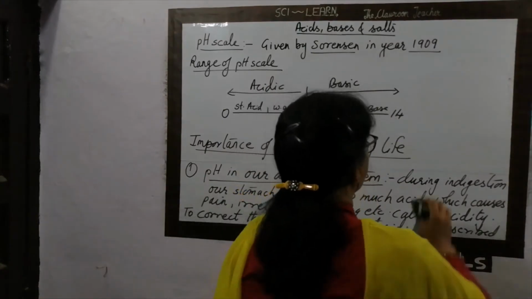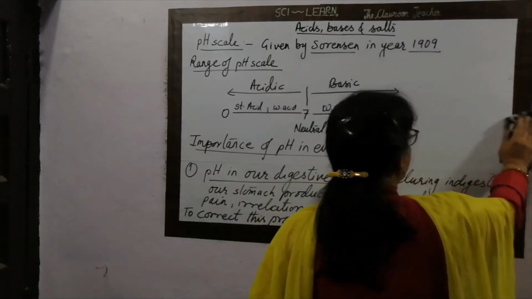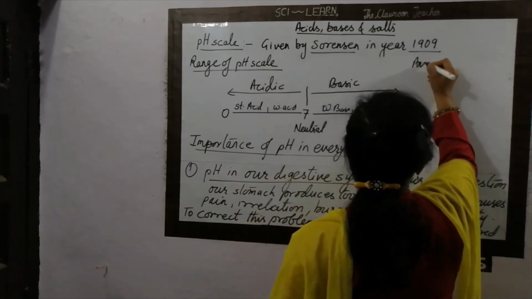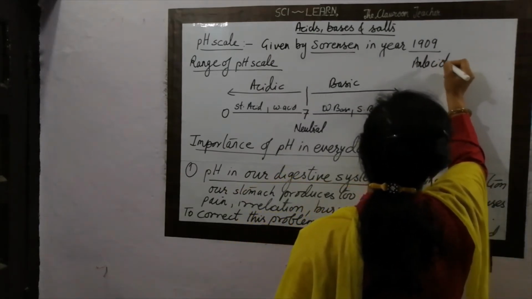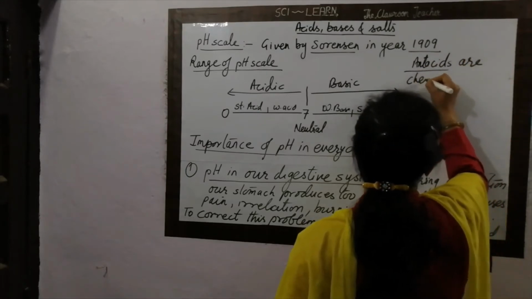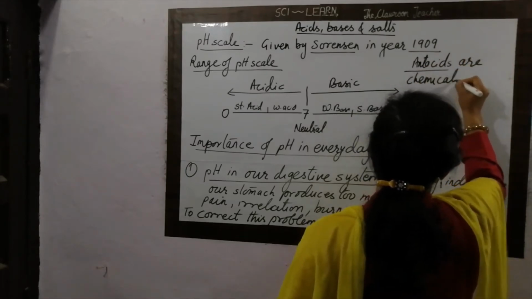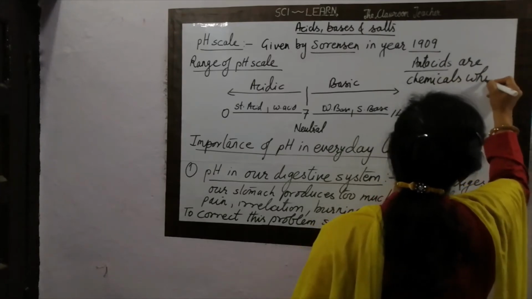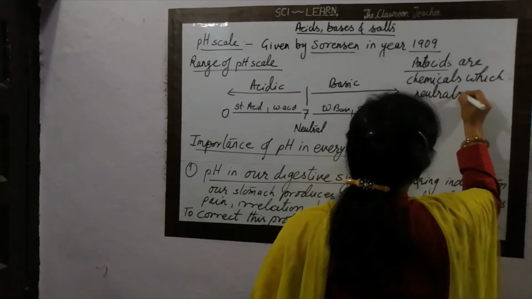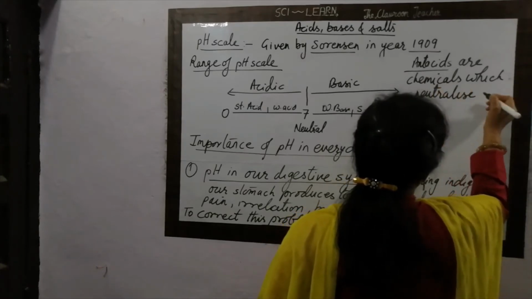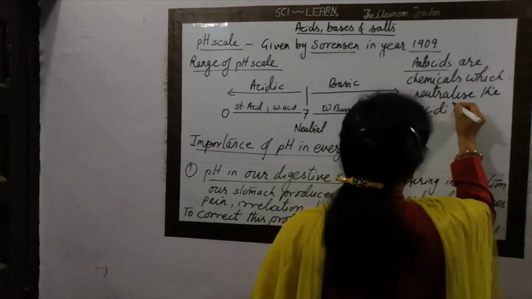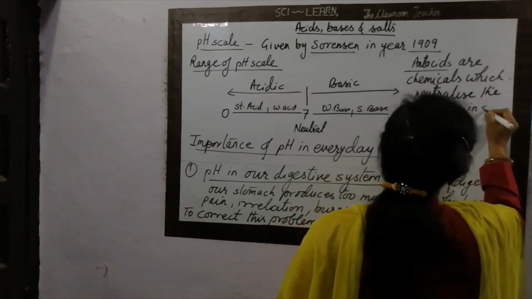I'm going to write here what is antacid. Antacids are anti-acid. Okay, what is antacid? Antacids are chemicals which neutralize the acidity in the stomach.